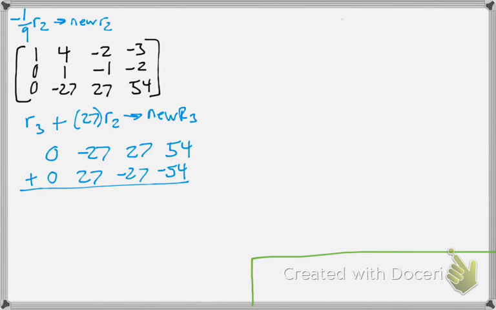So if I add these up, I get 0, 0, 0, and 0. So I actually get a row of zeros here. So let's update our matrix.